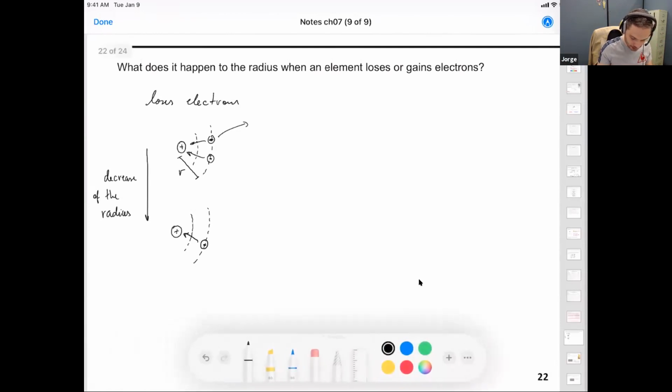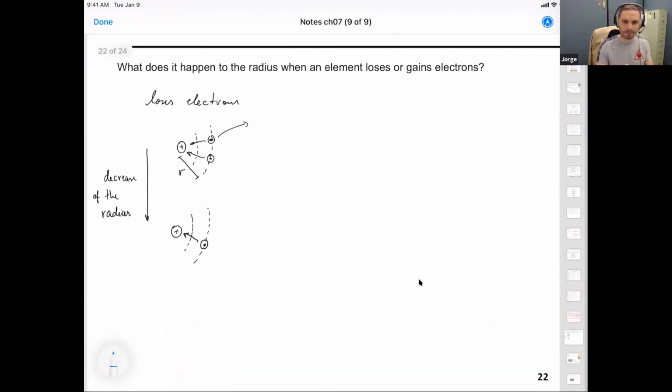Now let's see the opposite situation, when an element gains electrons. Same thing here, now it's exactly the opposite trend. We are going to have a positive nucleus. Let's say again, two shells, two electrons in the very outer shell.